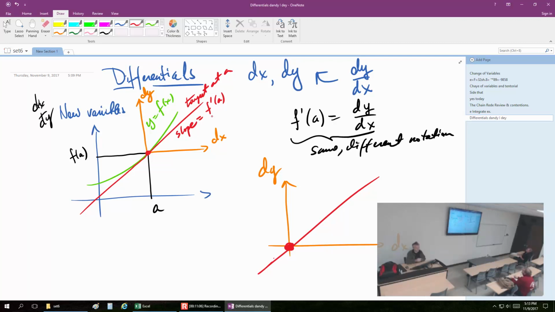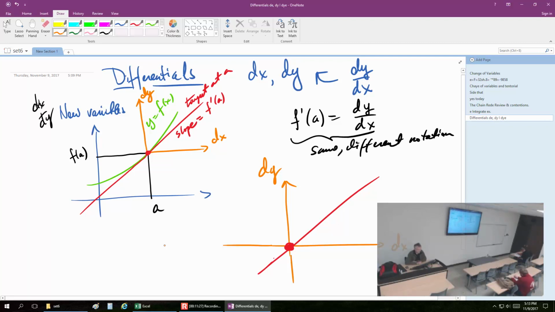So if we take the graph of the function that I have here, now this time there is no x and y, but there are dx, dy. There are two variables that reflect the meaning of dx and dy. They're just how far we step off that point to the left along the x-axis or along the y-axis.